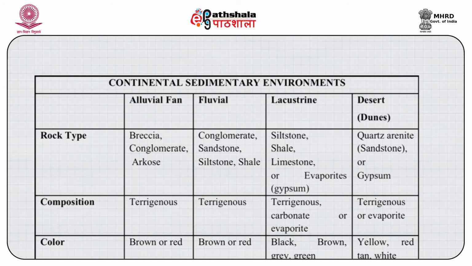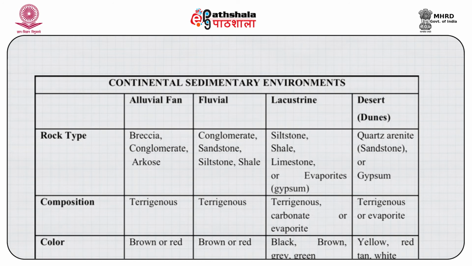Now, considering this, the rock type present there, composition, color, grain size, grain shape, sorting, the sedimentary structure, both inorganic and biogenic, and of course, fossil, if it is a Phanerozoic sediment, you can expect some fossil. So, all these you have to consider for interpreting an environment.